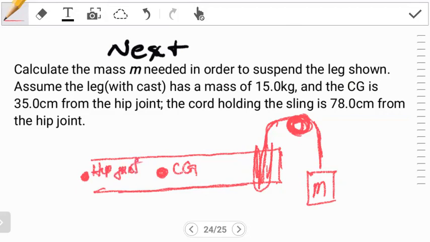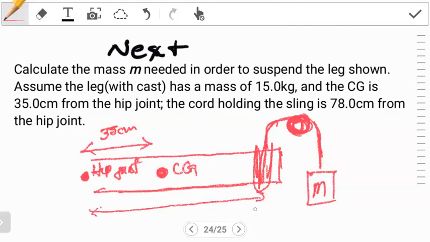Then what are being given here are the distances from the hip joint to the center of gravity, which is given somewhere here. That's 35 centimeters. And then the next limit given is from the hip joint to where the force is being tied.